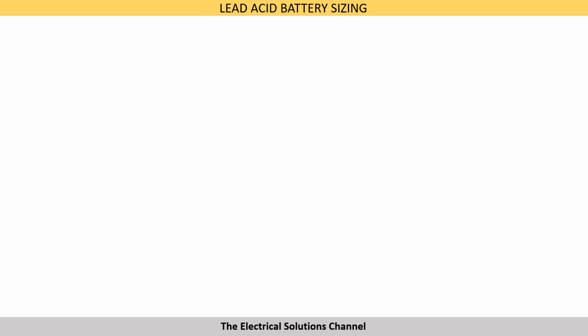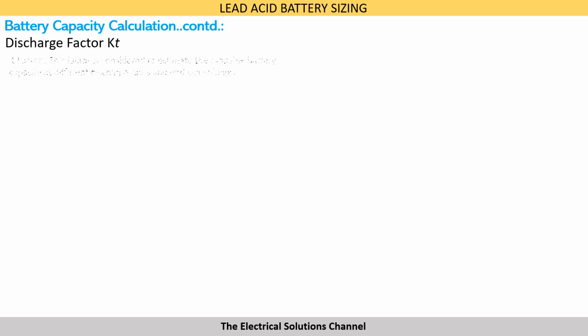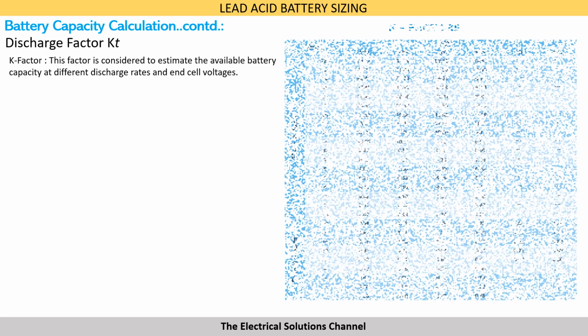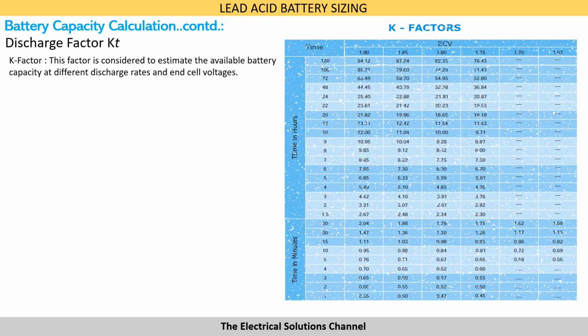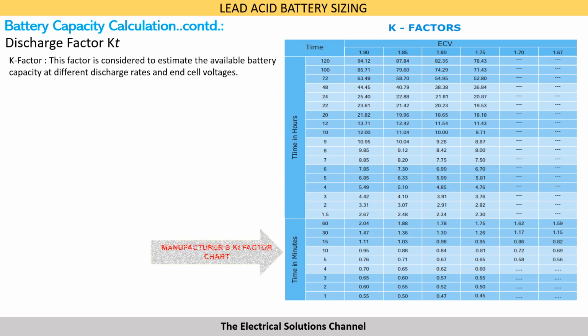Let us calculate the discharge factor KT for our load cycle. As the end of cycle voltage is 1.75 in our example, the KT factor for various durations can be identified from the battery catalog corresponding to the ECV of 1.75.